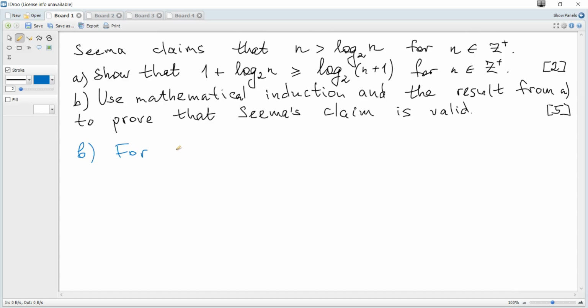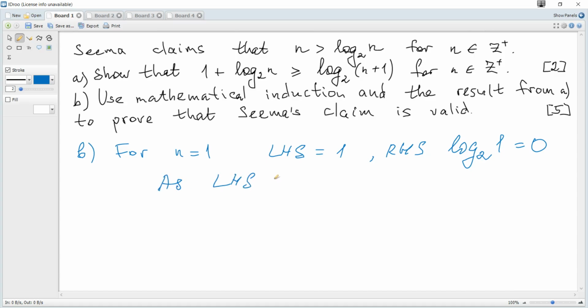For n is 1, the left hand side is 1, and the right hand side is log to the base 2 of 1, which is 0. Hence, as the left hand side is greater than the right hand side, it's true for n is 1.